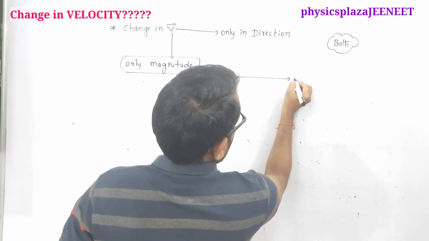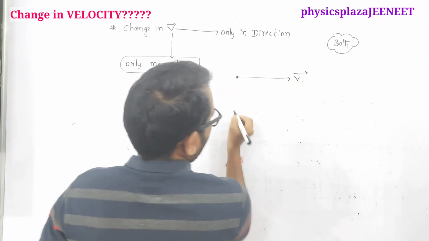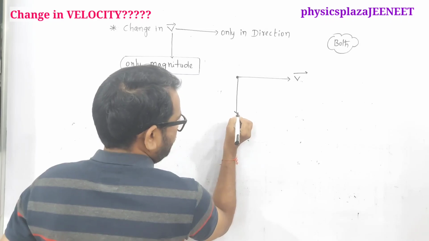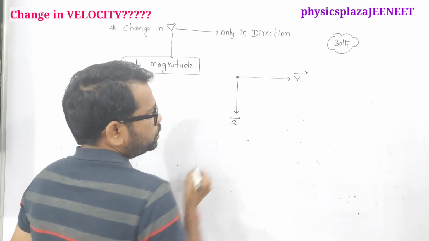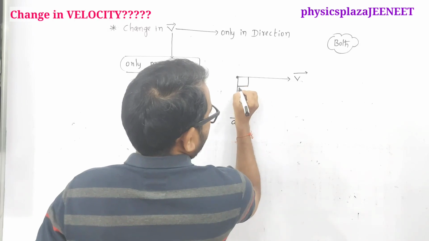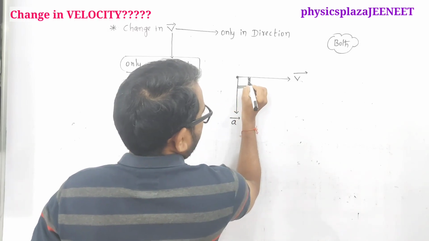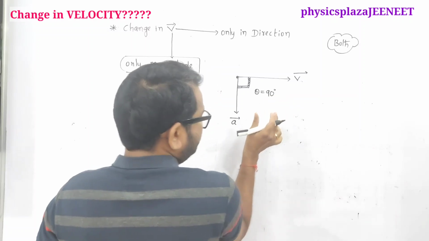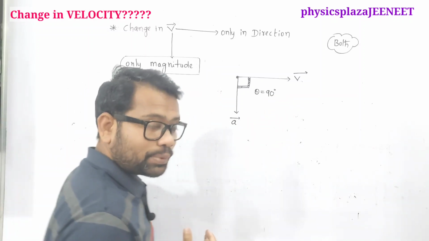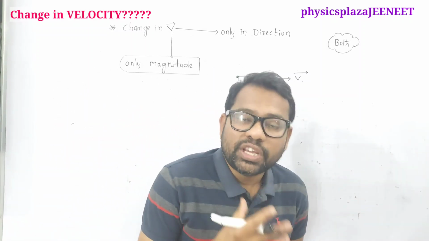This is the direction of velocity, and this is how acceleration is acting. So the angle between A and V is theta equal to 90 degrees. If this is the situation, children, then what happens?